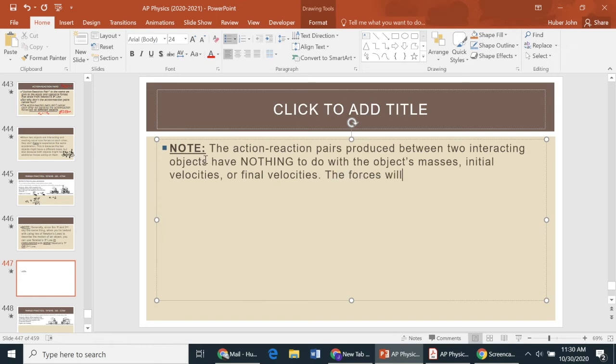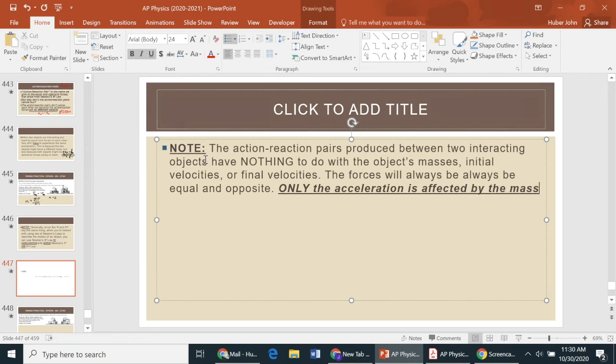The forces will always be equal and opposite. And then the last point here would be only the acceleration is affected by the masses. It is affected by nothing else.